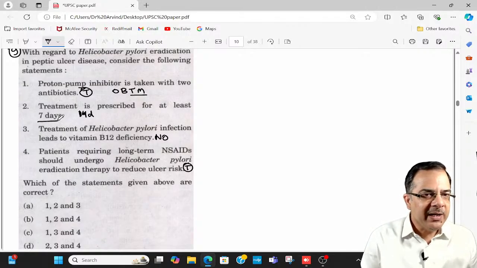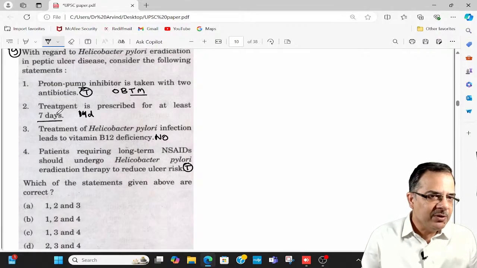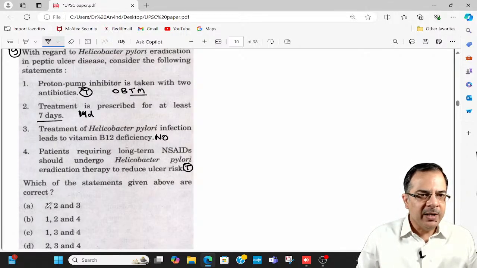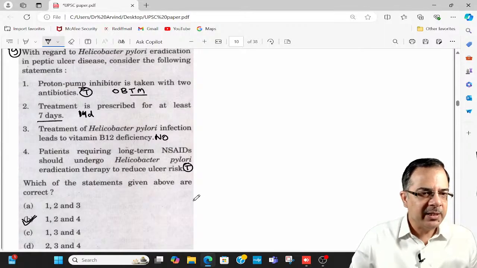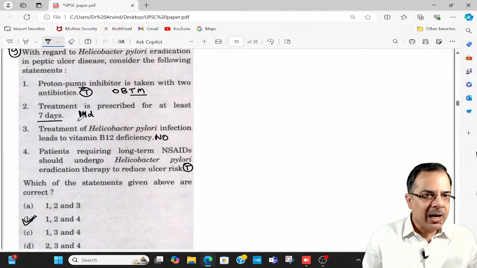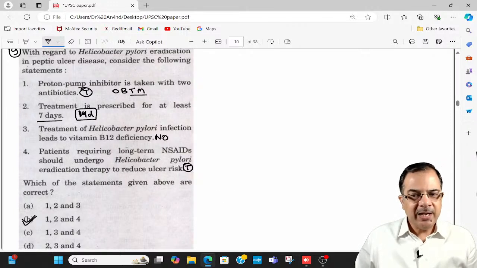We have to then take 7 days also. Sometimes some physicians give the medicines for 1 week only. So answer will be 1, 2 and 4. 1, 2 and 4 will be the best answer here. B option will be the best answer. But remember, the ideal duration of treatment is 14 days. So this is a slightly tricky question according to the options.